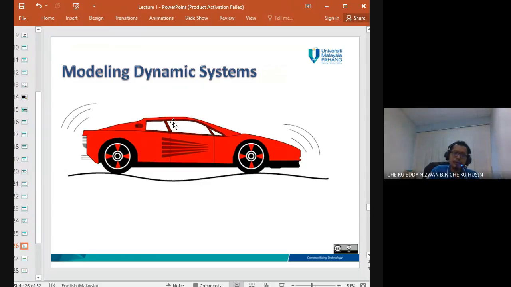Okay, so now we know what the degree of freedom means. Now we go to modeling the dynamic system. This is very important because when we see a dynamic system, the most important thing is to model it, to find the mass elements, the spring elements, and the damping elements.